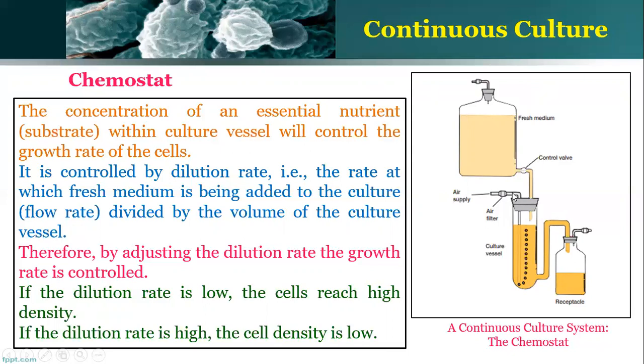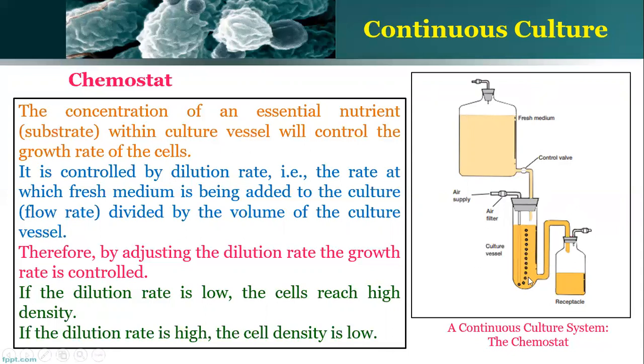Similarly, if the dilution rate is high, that means you are not giving the culture in the culture vessel a certain period of time to use the nutrients and grow. If the dilution rate is high, once you add the medium to the culture vessel and remove the medium already spent, what happens?